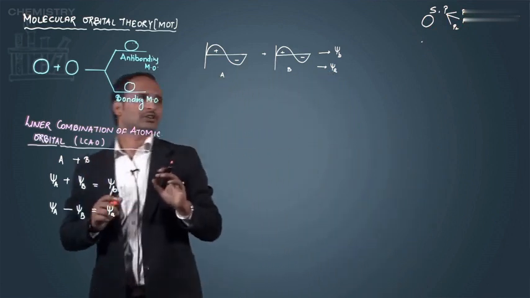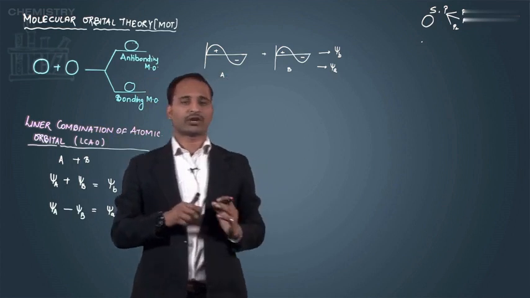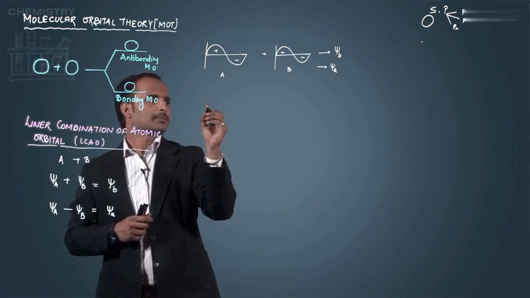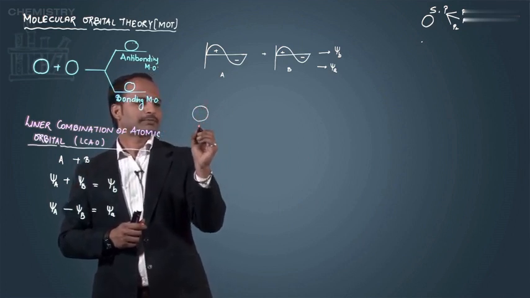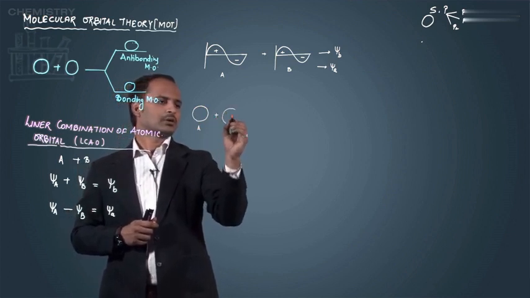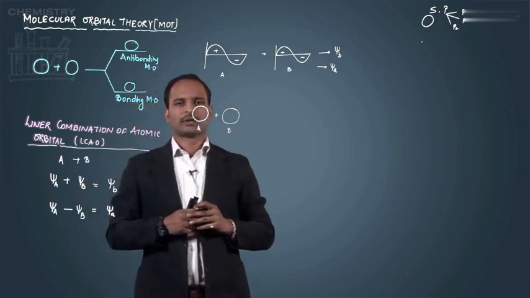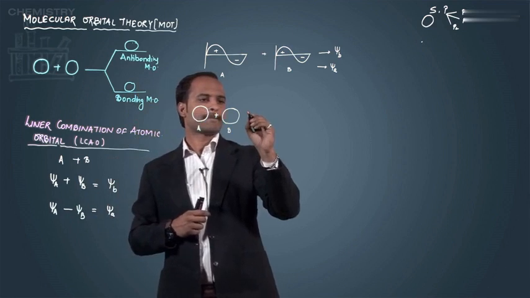Now let's see how these orbitals combine and what molecular orbitals we get after the combination. So the s orbital of the atom A combines with the s orbital of the atom B. Two orbitals are combining, so two possibilities will be there.